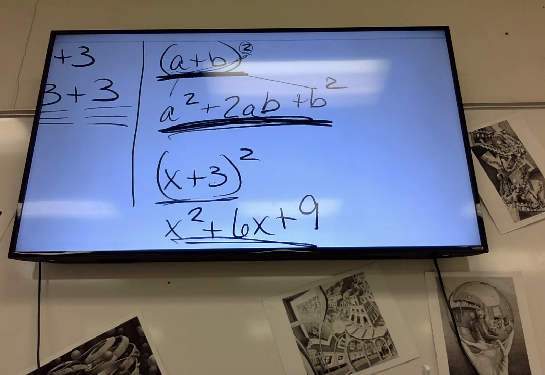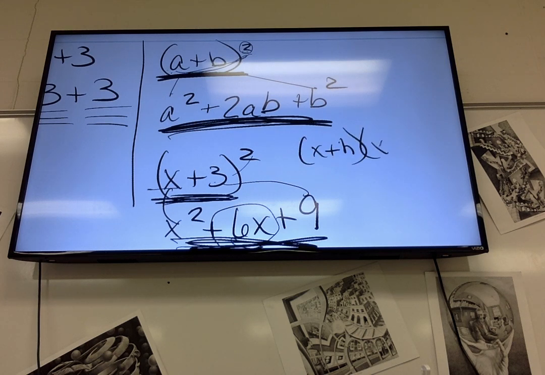Or if it was x plus 3 squared, this is how you do it. Take the first number, square it, multiply all those together, and the last number and square it. Now you could do x plus h times x plus h and FOIL it out, but I don't want to do that. They'll give you the same thing, it just takes longer. It's easier to just memorize the shortcut.